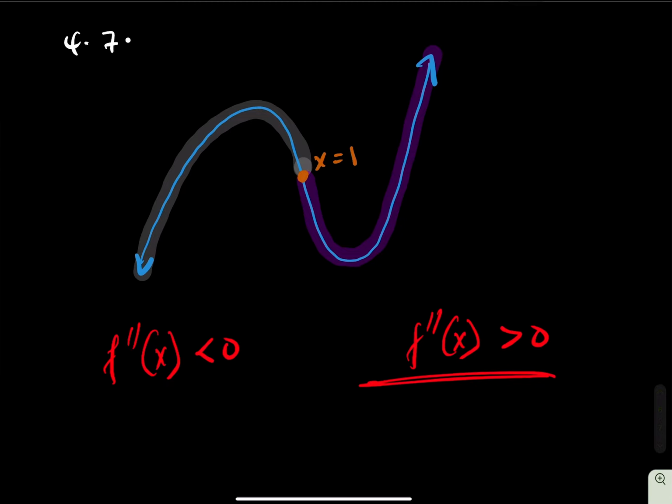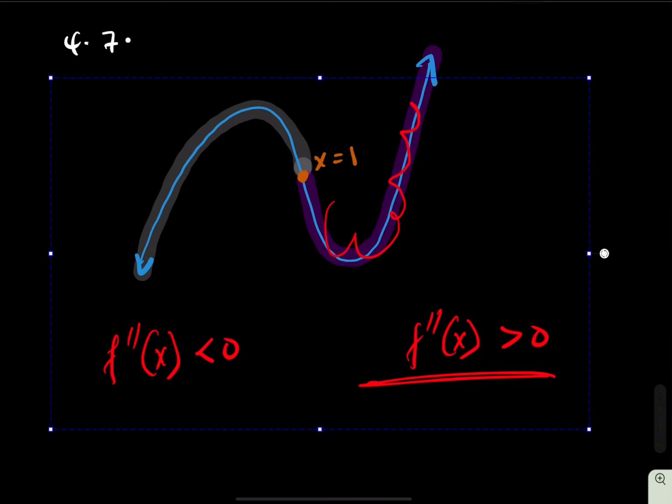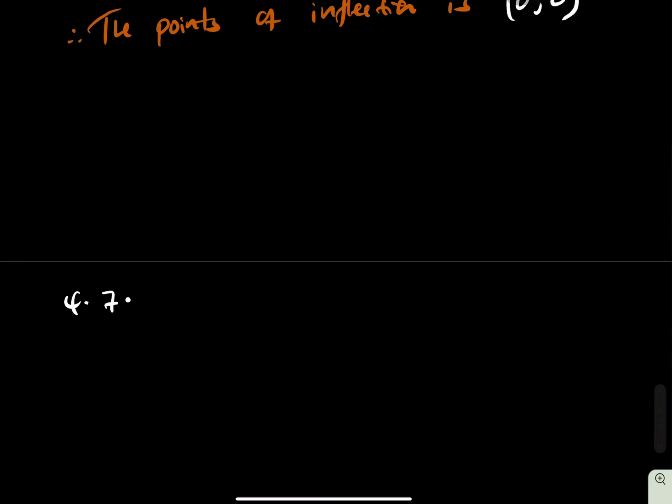So it's concavity. It means in this region the second derivative is less than 0, and in this region the second derivative is positive. It's basically the change in concavity. So I'm just going to do it the precalculus way. That is to check the second derivative, if it's positive or negative.